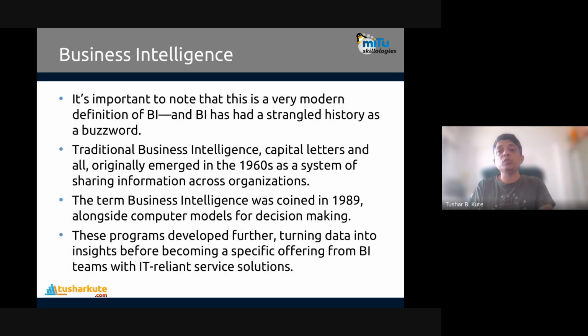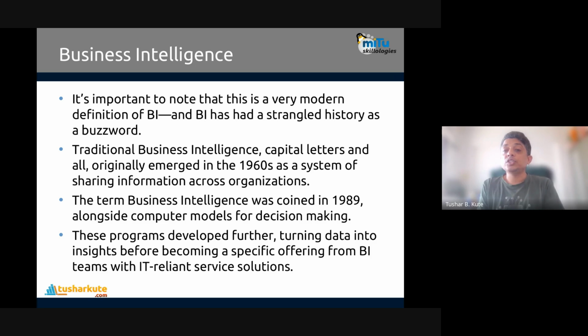So let's come back to the point about BI. It's important to note that this is the very modern definition of BI, which I have already told. We'll talk about its history also. We have a detailed history of business intelligence. Traditional BI originally emerged in the 1960s as a system of sharing information across the organization.